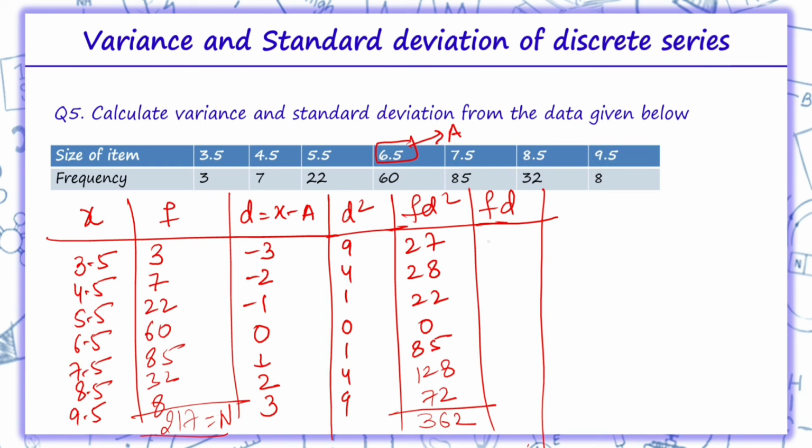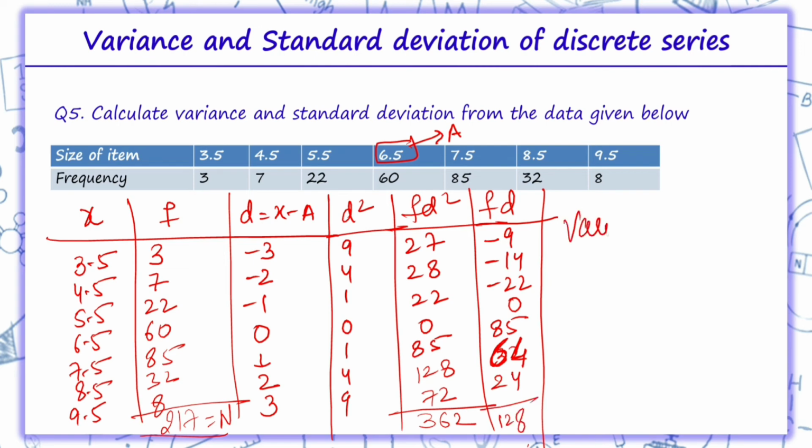So 3 into minus 3 is minus 9, then minus 14, minus 22, 0, 60 into 0, 85 into 1 is 85, 32 into 2 is 64, and then 8 into 3 is 24. The sum of these values is 128.